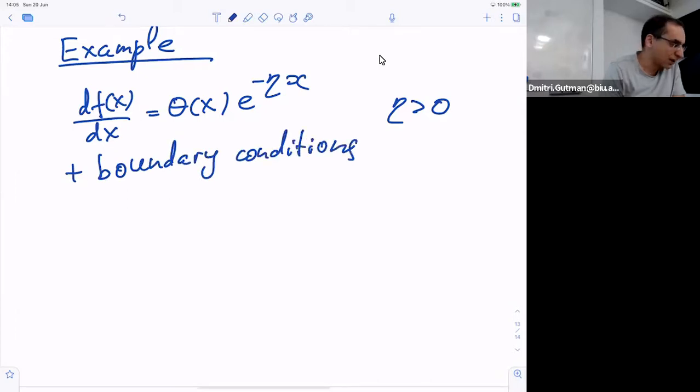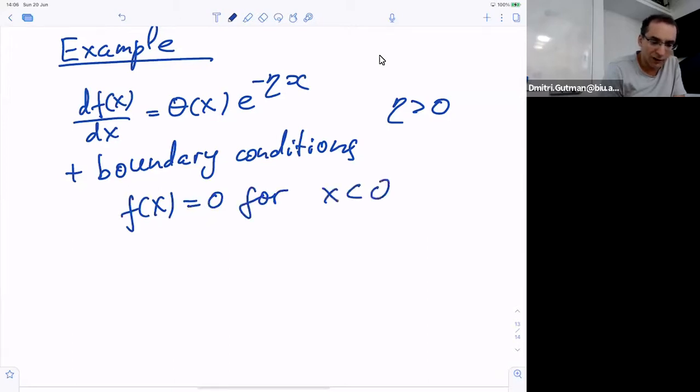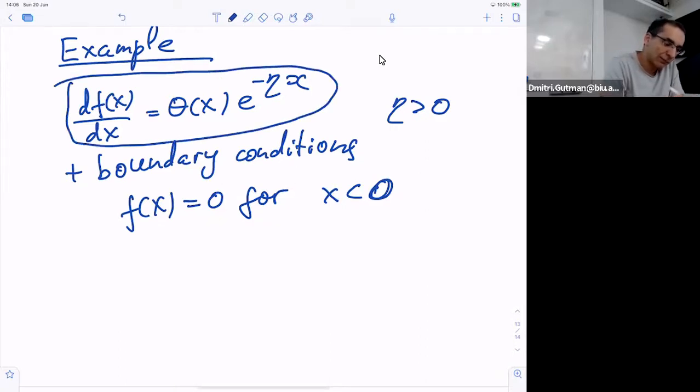For example, let us consider the boundary condition that f of x is equal to 0 for x smaller than 0. So there was a function that for negative x was 0, and then it obeys this differential equation of the first order. Now, how do we solve this equation?